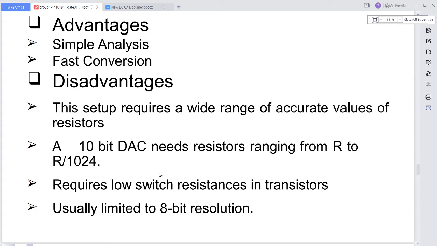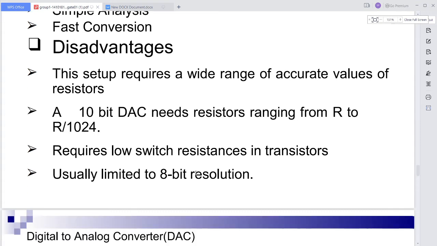Immediately it has to switch from on to off to on. So usually it is limited to 8 resolutions only. That means you can go with 3-bit data to be converted into analog form. So that resolution means the bit size is about 1 by 2 power of n minus 1. All these things we have discussed in the previous classes.